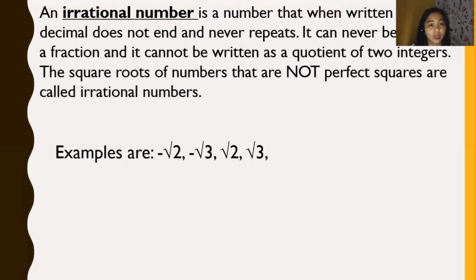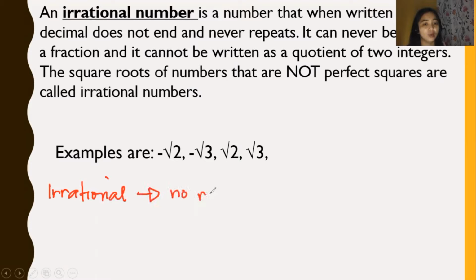So here, ito naman yung kabaliktaran ng rational numbers. Kaya nga pag sinabing irrational, opposite siya ng rational, we have no ratio. That means no ratio. So siya ay non-terminating.